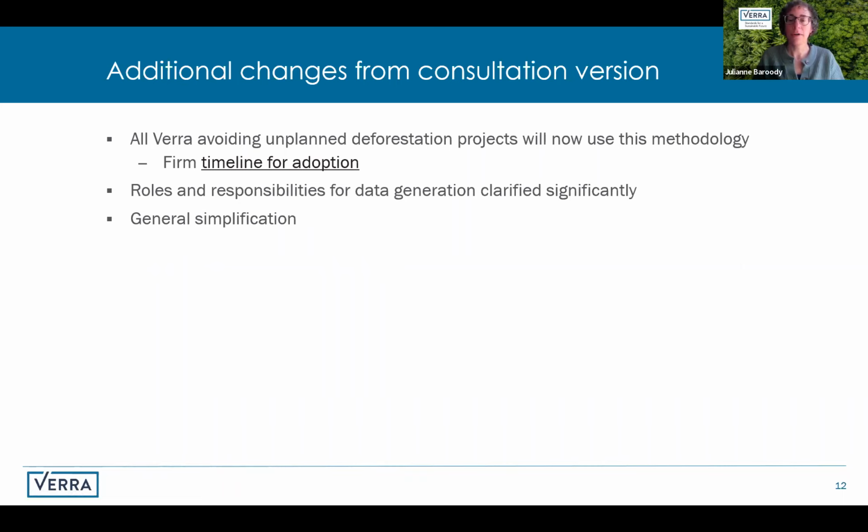It's just that we don't have those components built in yet. So we now have a firm timeline for adoption of this methodology, both by new projects and existing projects. Existing projects will have to transition over from 6 months after activity data is available for their jurisdiction, and then new projects will have to adopt that as soon as there is activity data available for their jurisdiction.